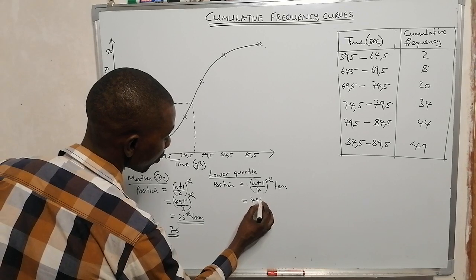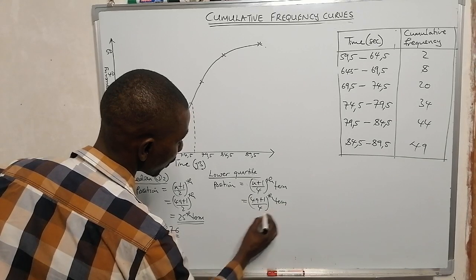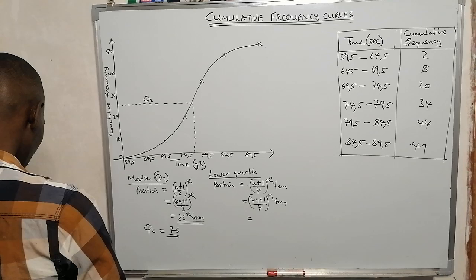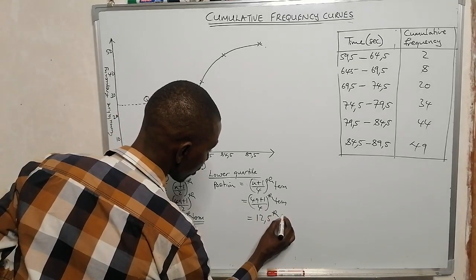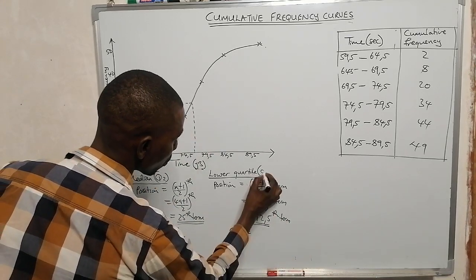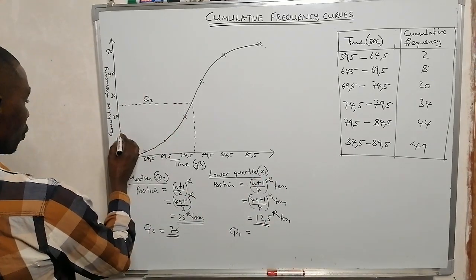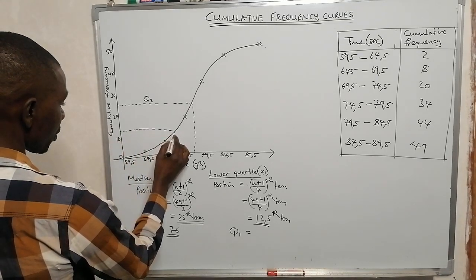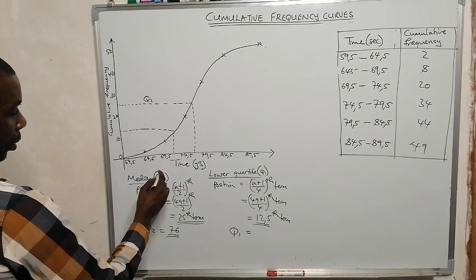So we have 49 plus 1 over 4, which is 50 divided by 4, that's the 12.5th term. So this is our Q1, the 12.5th term, 2.5 after 10.